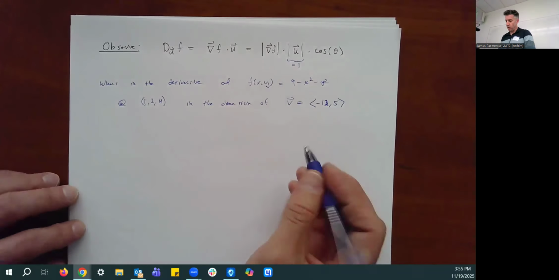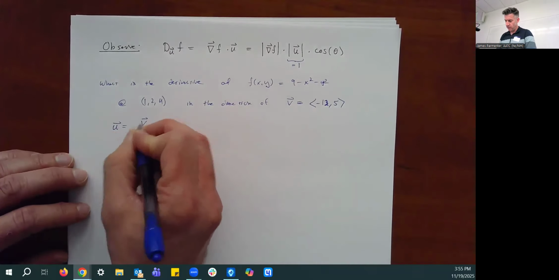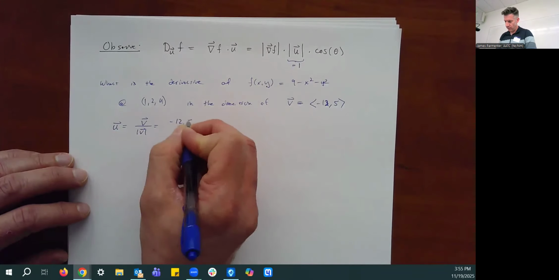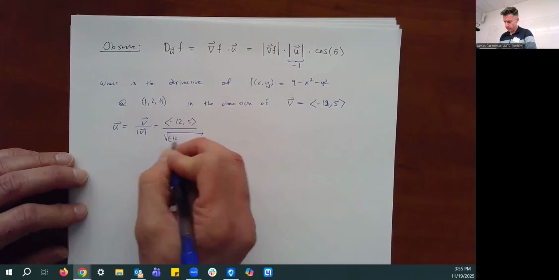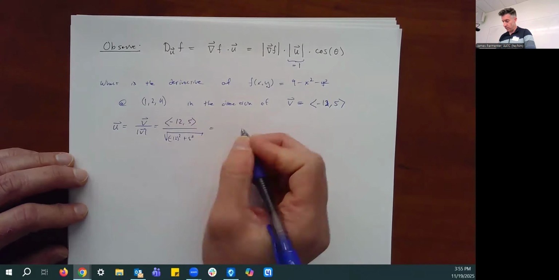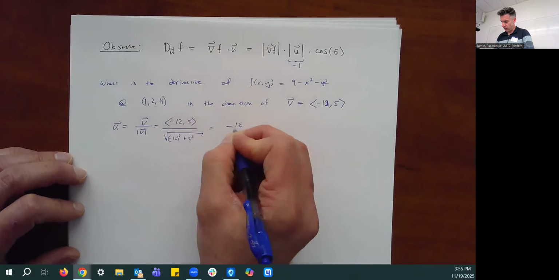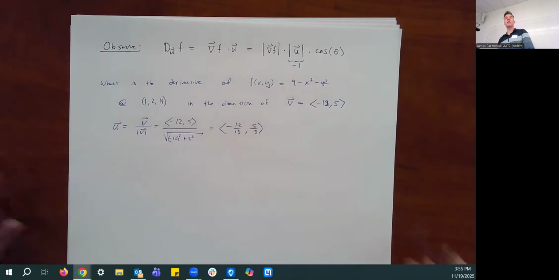I have to first say, okay, well, my unit direction vector is going to be v divided by the magnitude of v, which is negative 12 comma 5 divided by the square root of negative 12 squared plus 5 squared, which is going to be 13. So I'm going to get negative 12 over 13 comma 5 over 13. That's my unit vector in the same direction as my original vector I want to find the directional derivative in.